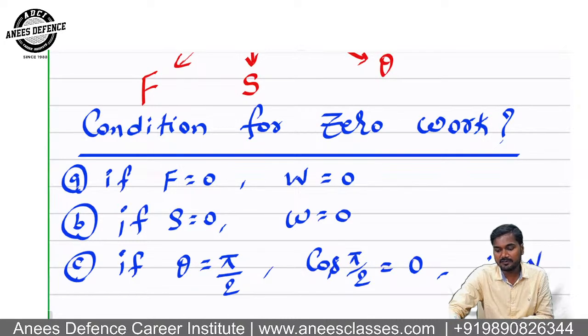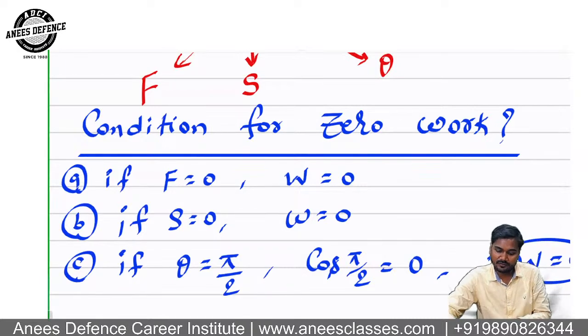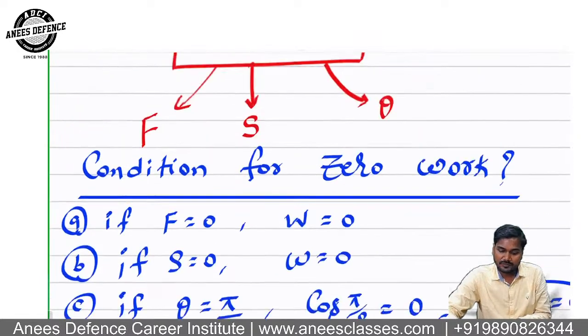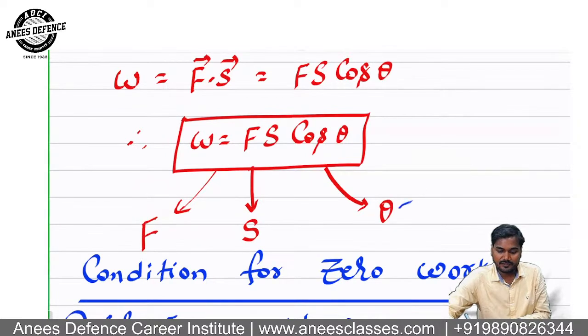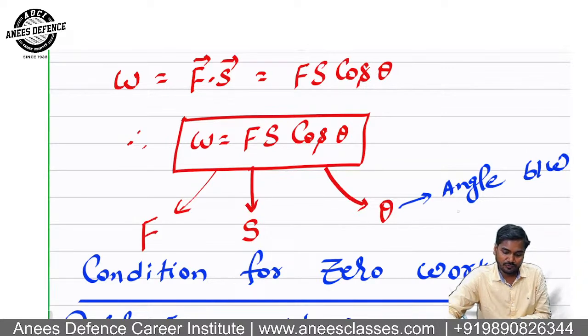Hence, work done is said to be zero. So these are the conditions of zero work. Theta is the angle between force and displacement.